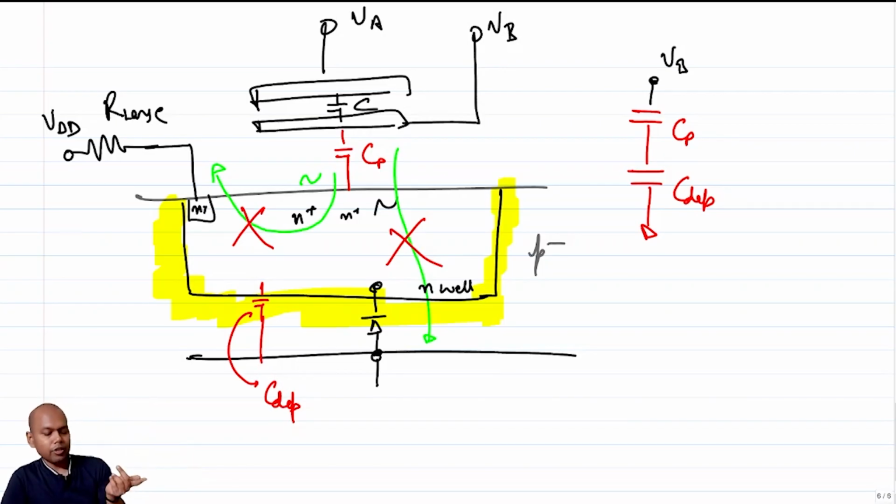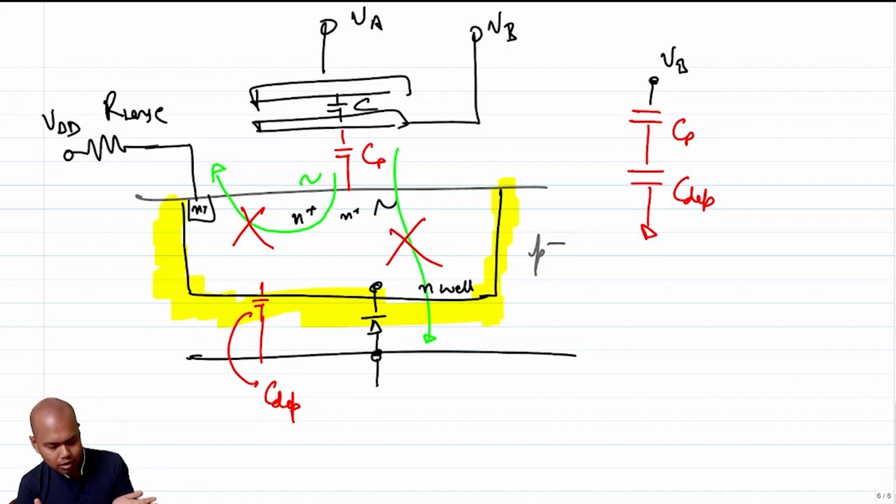So is C related to CP? Absolutely. Because how do I increase C? I increase C by increasing the area, and the moment I increase area, the parasitic capacitance also increases. So CP obviously also becomes proportional to C. Typically it can be 1%, 2%, 5%, depending upon how good or bad the process is or how good or bad your layout is.